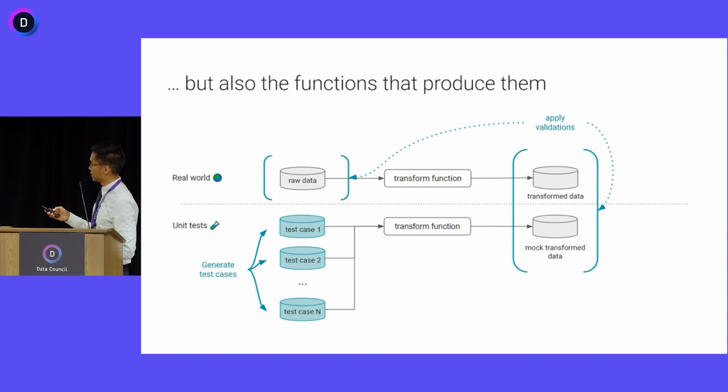So in the real world, you have some raw data, you make a schema for that, you validate that. You have a function that then transforms that raw data, you want to also validate that. But in your unit test CI pipeline, you want to generate test cases to make sure that the transform function is doing what it's expected to do.